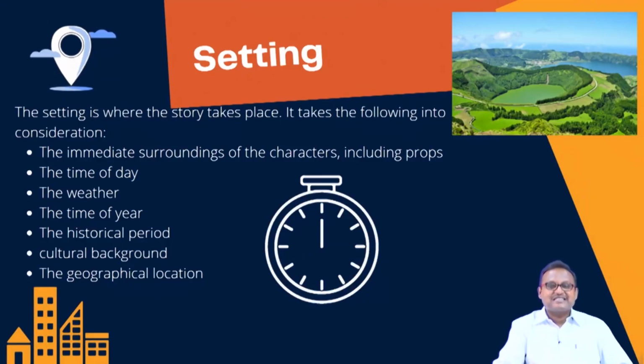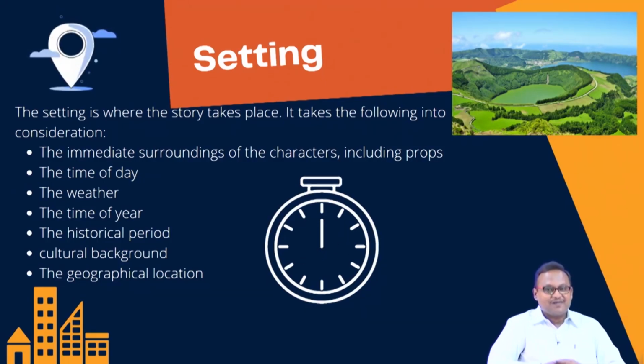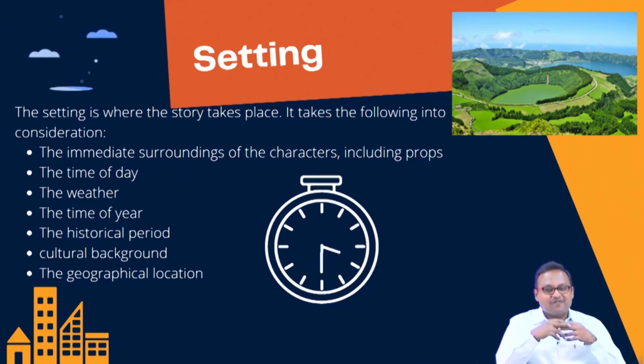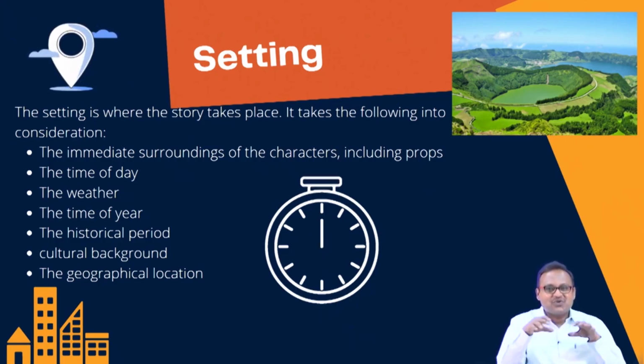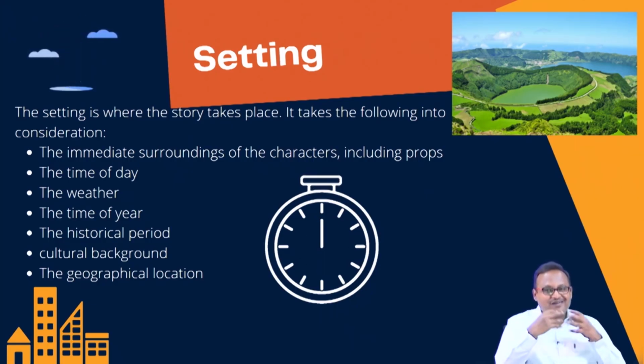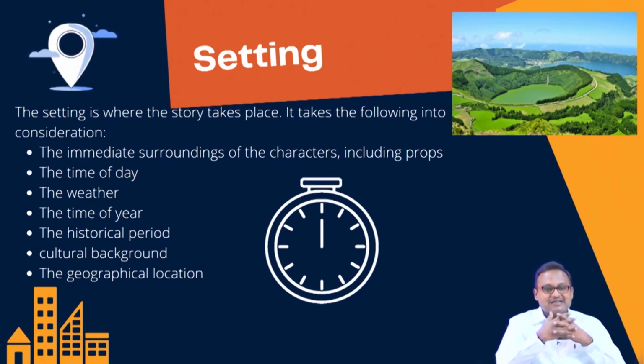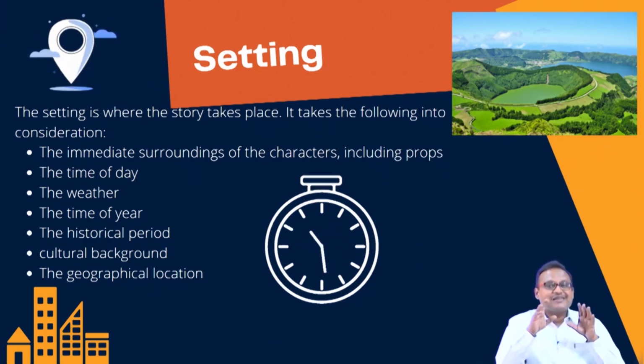The next is setting. Setting is very, very important. In fact, this is what chisels out the plot into a kind of flesh and blood. It's going to add flesh and blood to the skeleton of plot. If plot is a skeleton, then setting is where you add that flesh and blood. Setting is generally where the story takes place, the background.